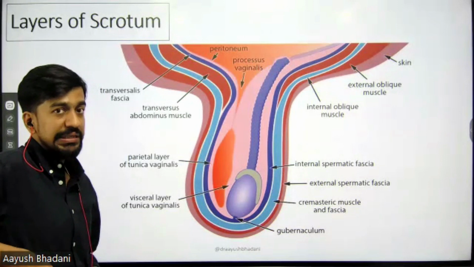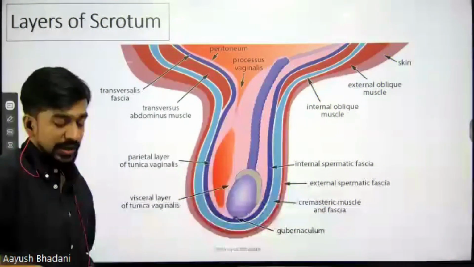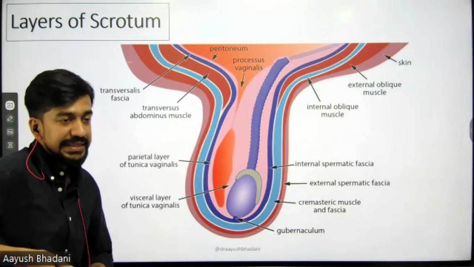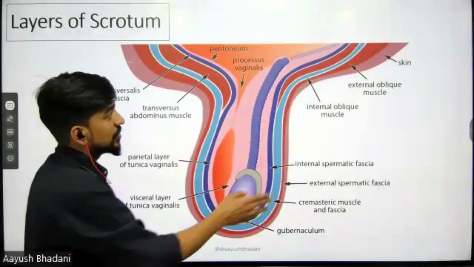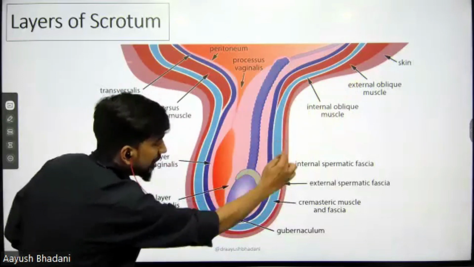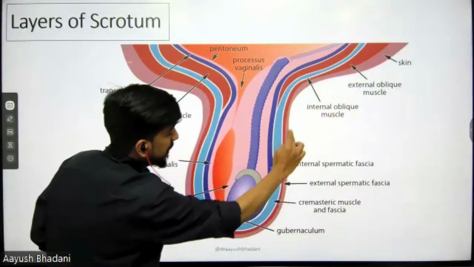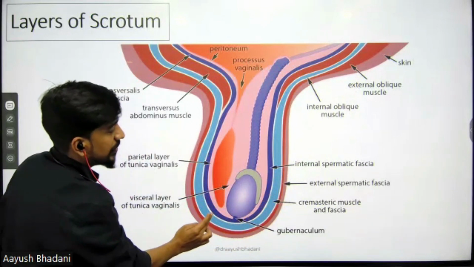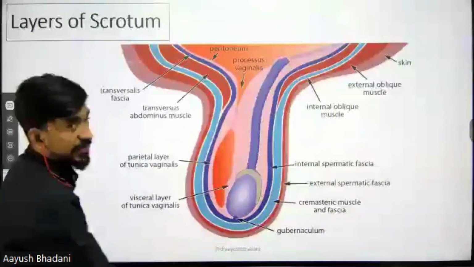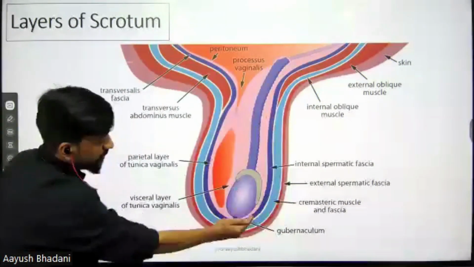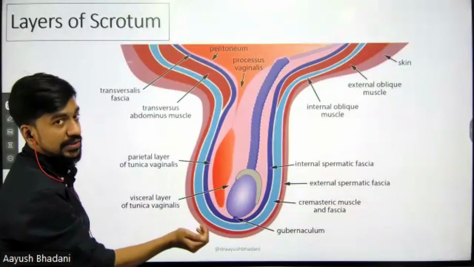The external oblique also goes to the scrotum through the spermatic cord, as do the internal oblique and the transversus abdominis. So we have the external oblique continuing down as the external spermatic fascia, the internal oblique continuing down as the cremasteric muscle and fascia, and the fascia transversalis, from the transversus abdominis, continuing as the internal spermatic fascia.